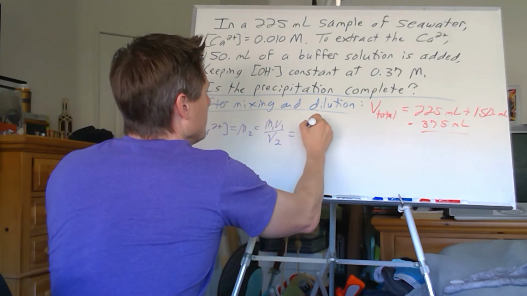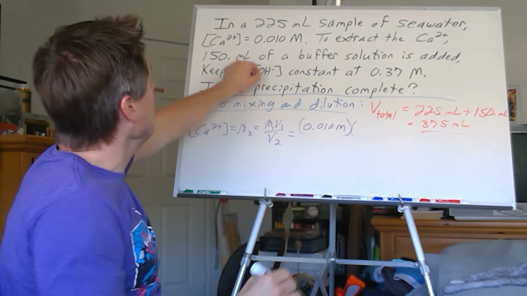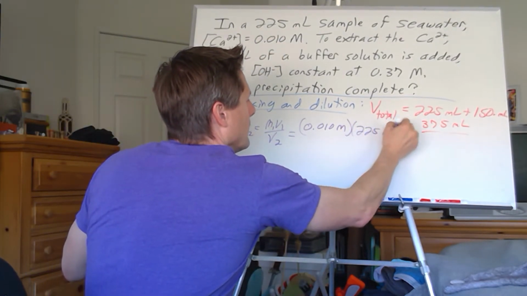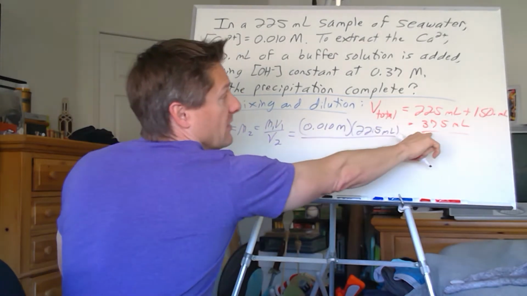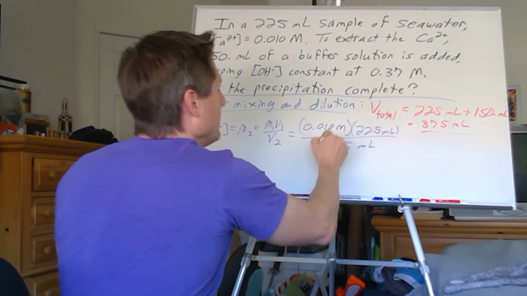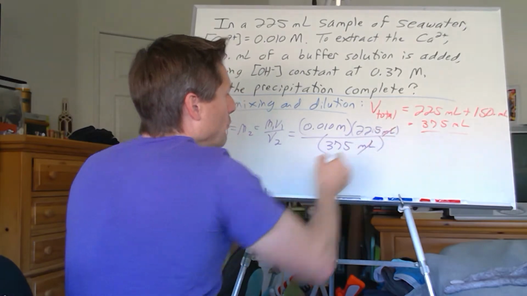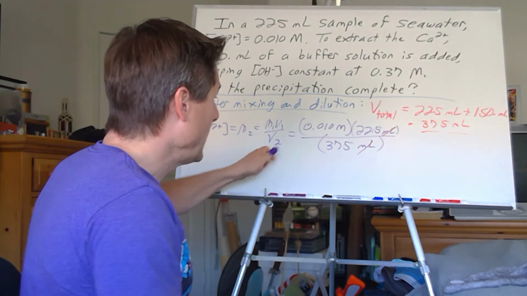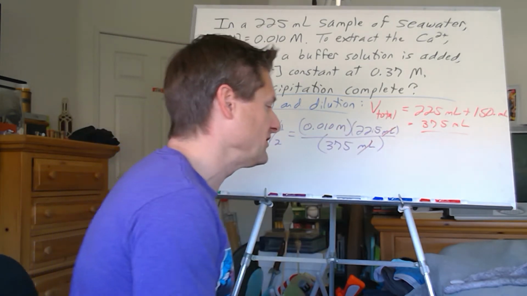So M1 is our 0.010 molar. Our V1 is the 225 milliliters, and our V2 is our total volume, which is 375 milliliters. Those milliliters cancel out, leaving us with molarity. You don't have to convert those to liters like we did in the last one. 2 significant digits in the concentration, 3 in the volume, so I'm limited to 2 sig figs.